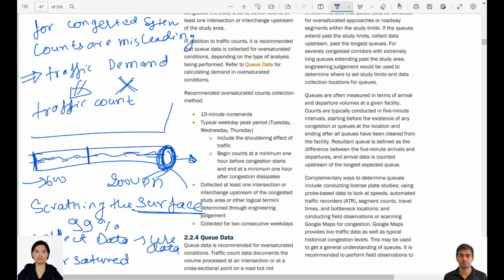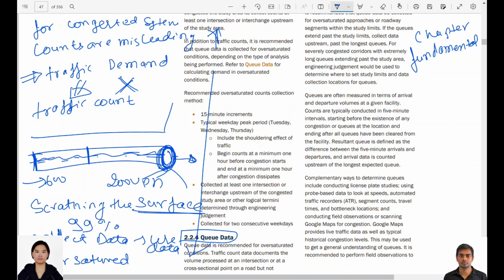All this discussion and beyond has been discussed in chapter 2 of our video series under fundamentals of traffic operations. If you want to learn more about what these issues are, how we can tackle them, or to understand more about why this is considered one of the biggest problems in traffic operations, traffic count versus traffic demand, please refer to it.